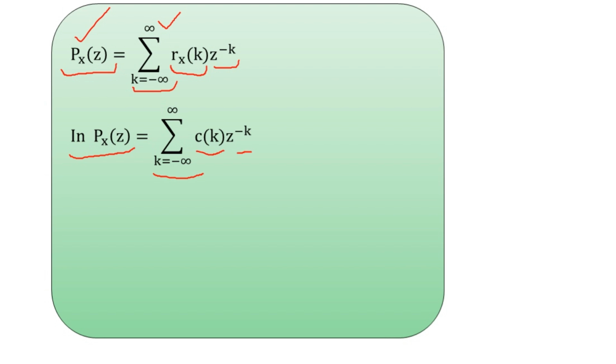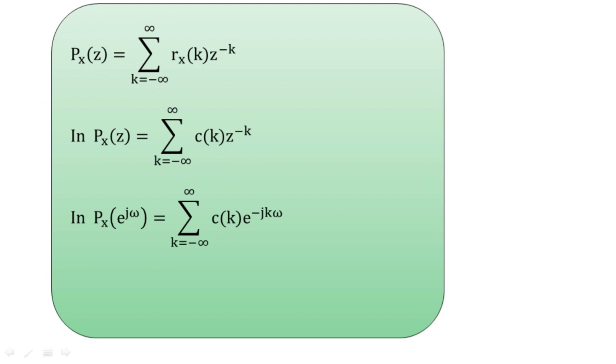In this representation with the help of the Laurent series, ck is nothing but the coefficients of the expansion. So this expansion by the use of the Laurent series we have shown with the help of the z domain representation. If we switch to the Fourier domain representation, both belong to the frequency domain. So here we go, this is the expression where we have ln of Px as a function of e to the power j omega.